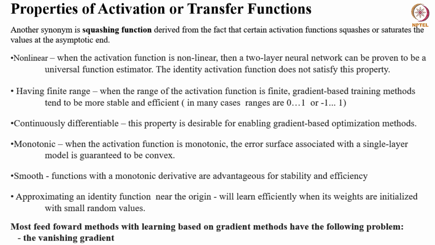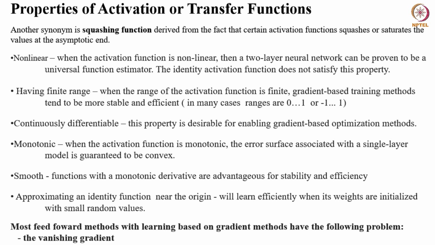If the function we choose approximates the identity function near the origin, we can better handle small numbers.